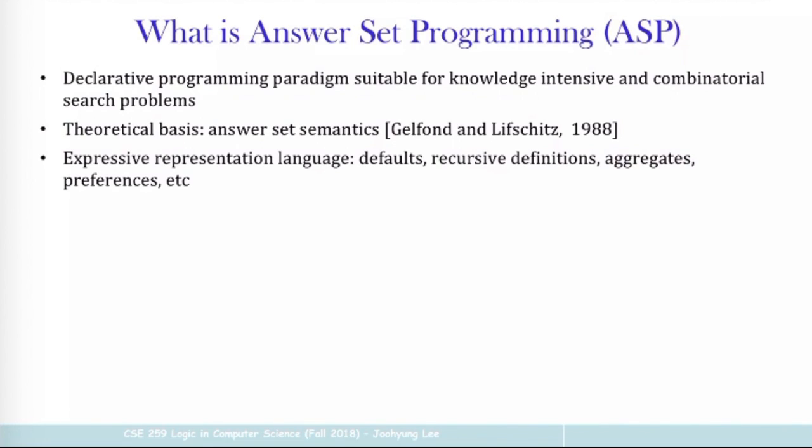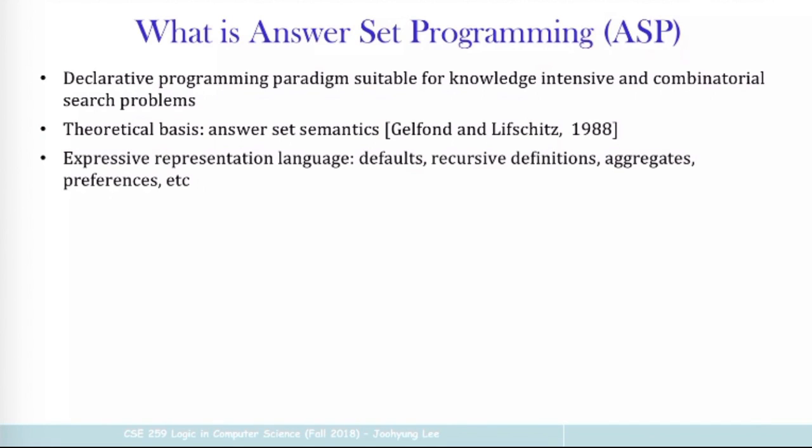Declarative here means that you don't necessarily tell the computer what to do or how to solve the problem. You just describe what the problem is. Okay, you represent the problem, and the rest should be done by the programming platform automatically. Its theoretical basis is called answer set semantics, also known as stable model semantics, which is slightly tweaked from propositional logic. Okay, so we are going to learn that.